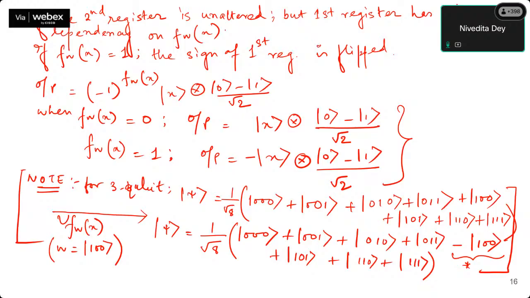Now formally, let me write this operator. We can define a unitary operator U_w, which is equal to identity matrix minus 2 |w><w|. This is the outer product form. So you can understand that it will also be in matrix form, the identity matrix. These are small observations we have to make.